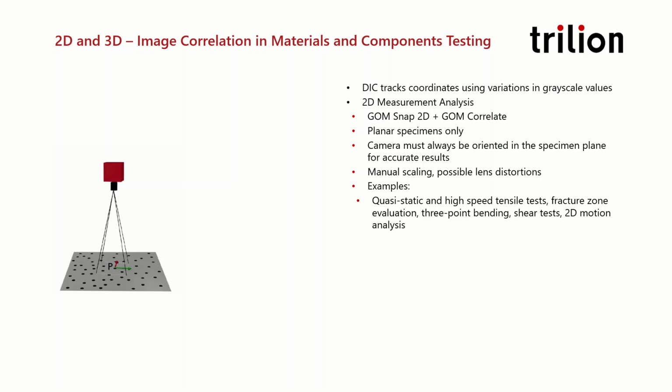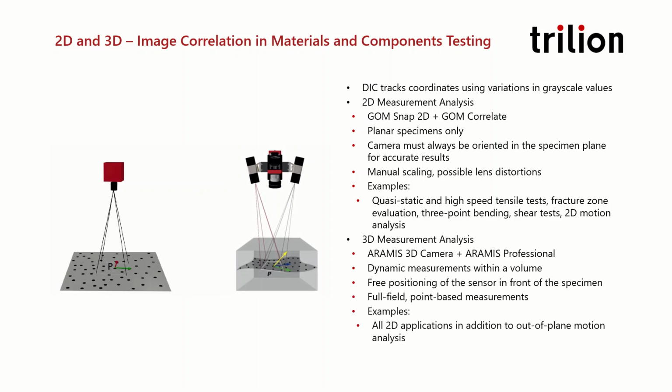Scaling is applied manually, typically by placing a ruler in the image. Specific lenses must also be used in order to capture the effects of lens distortions. 2D DIC can be used for a variety of different applications, including quasi-static and high-speed tests, fracture zone evaluation, 3-point bending, shear tests, and 2D motion analysis.